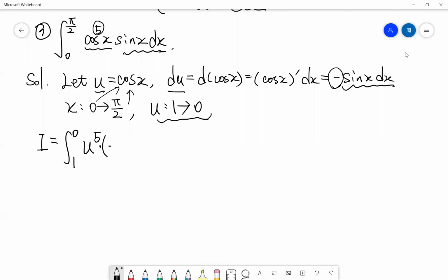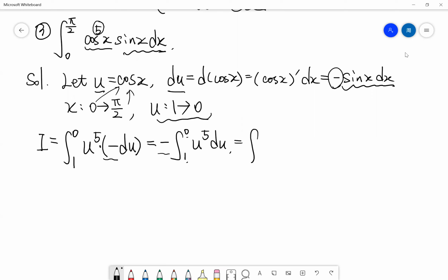So that is times minus du. And that equals, we can take the minus out, so minus the integral from 1 to 0 of u power 5 du. And here, pay attention.